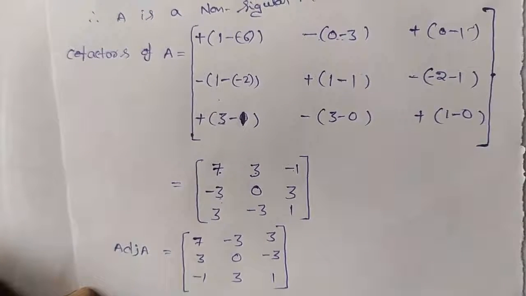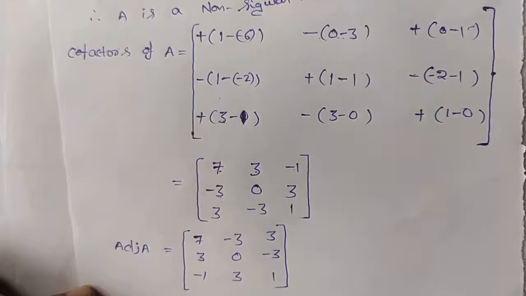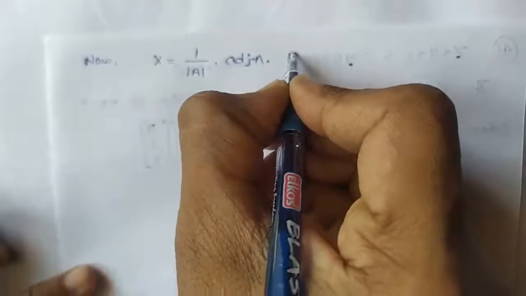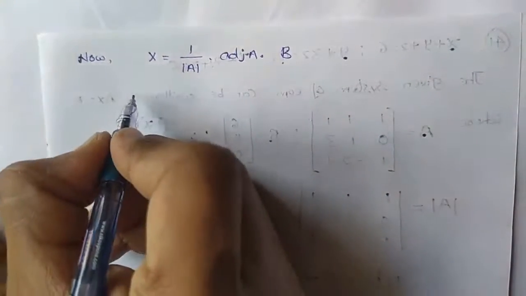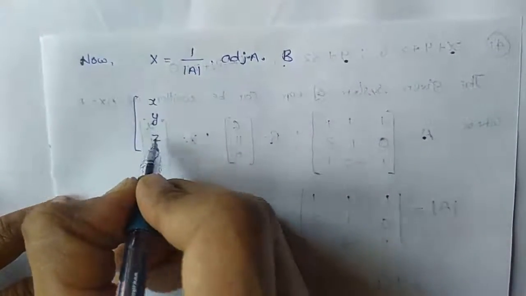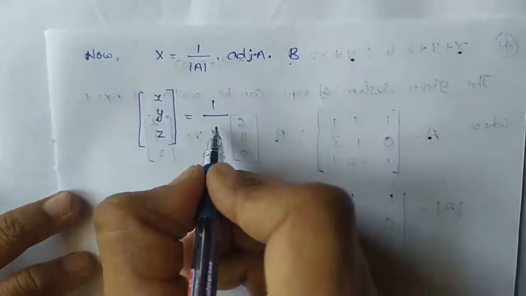Now x equals to, write the formula: 1 by determinant A into adjoint A into B. It is like a formula. So x is what? Variable matrix. In the starting step I have written x, y, z equals to 1 divided by determinant A. Determinant how much?